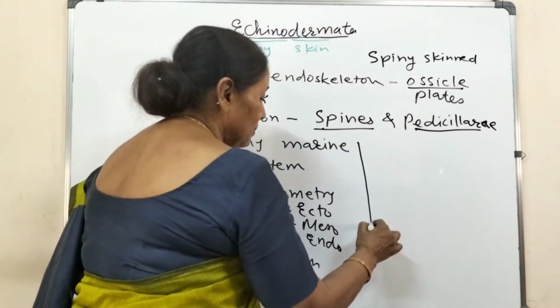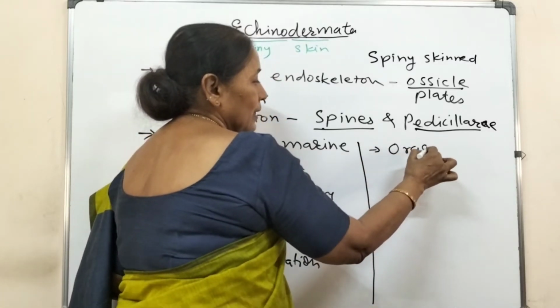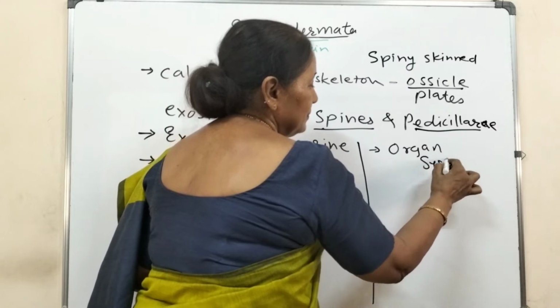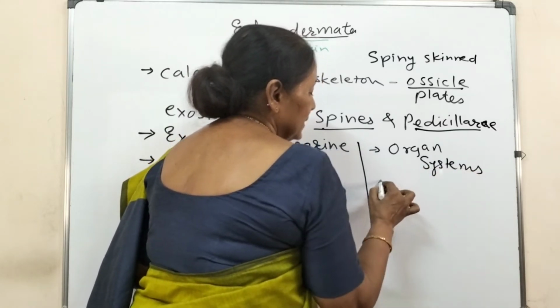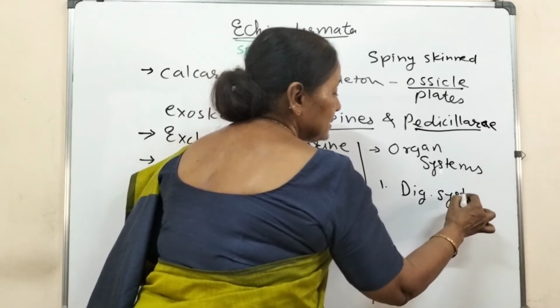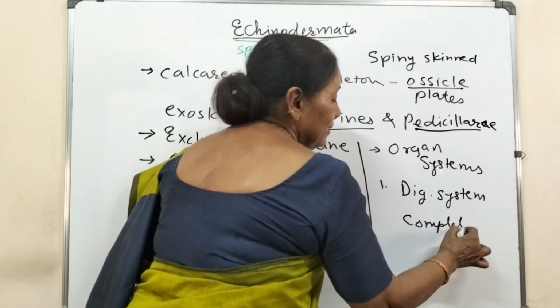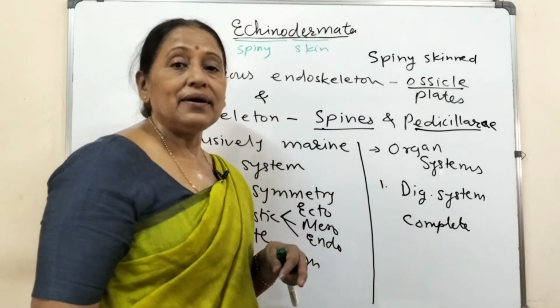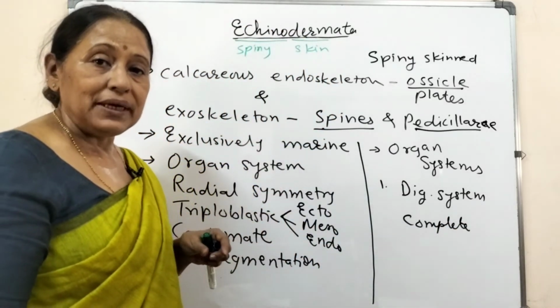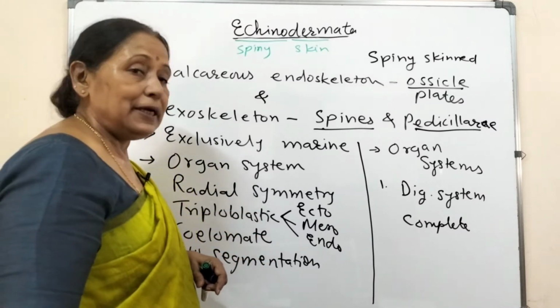Now what about their organ systems? First their digestive system. Their digestive system is complete. In each phylum you have studied which is complete and which is incomplete.